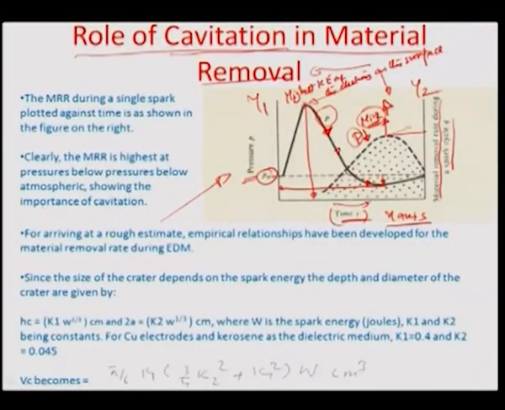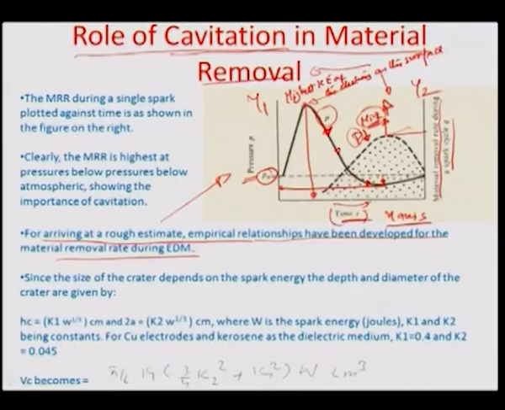Let us now try to arrive at a rough estimate of an empirical nature for material removal rates during EDM operation. When experiments have been performed by various people, there are some things we can find out intuitively.